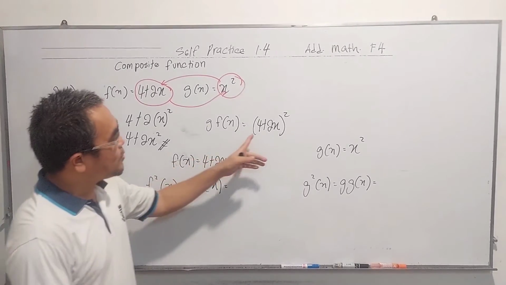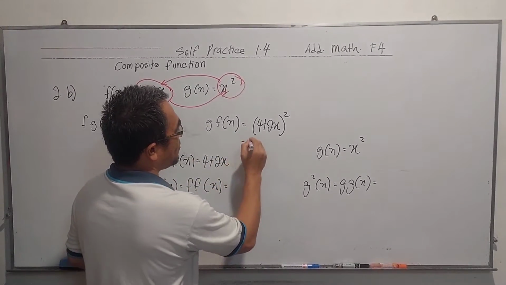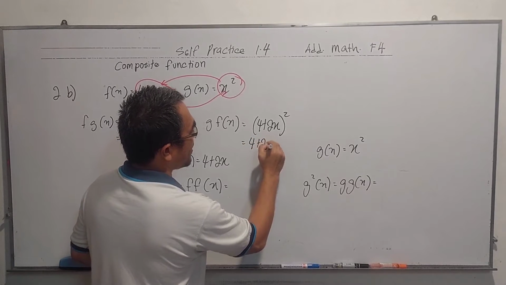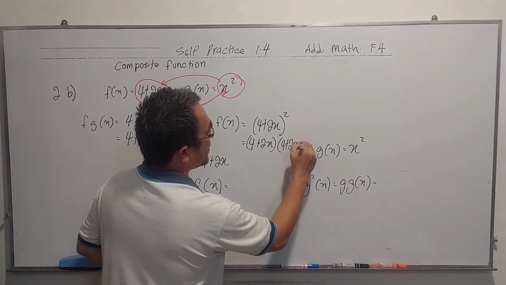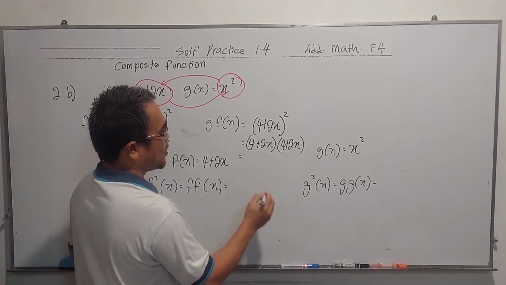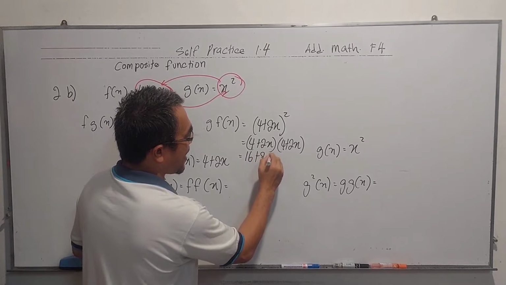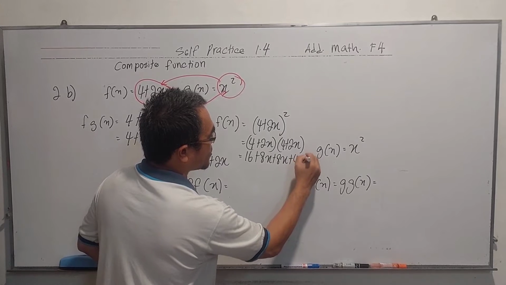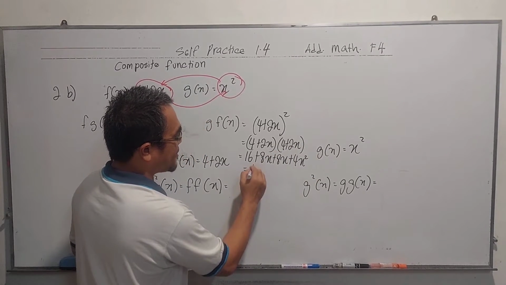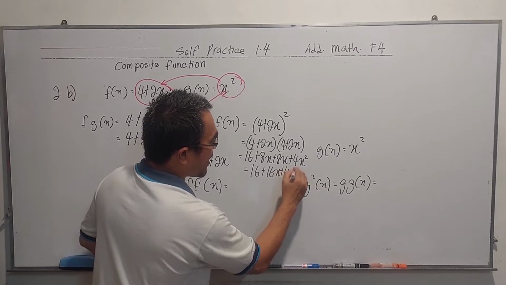In case you want to expand this bracket, that is good also. So we have 4 plus 2x times 4 plus 2x. So it becomes 16 plus 8x plus 8x plus 4x squared. So it becomes 16 plus 16x plus 4x squared.